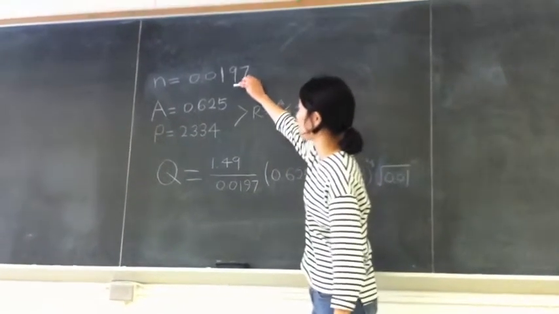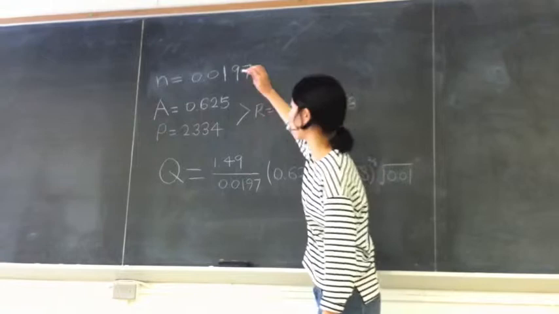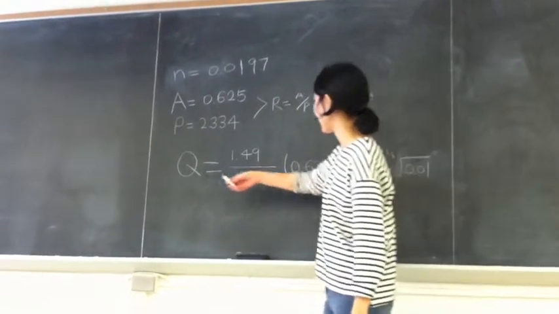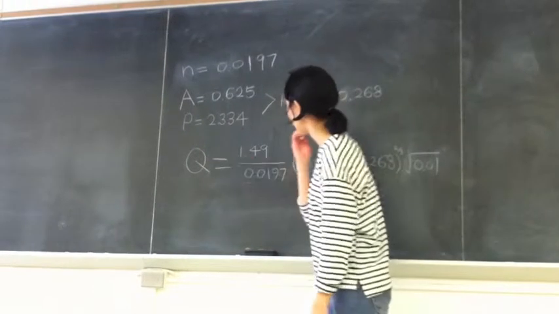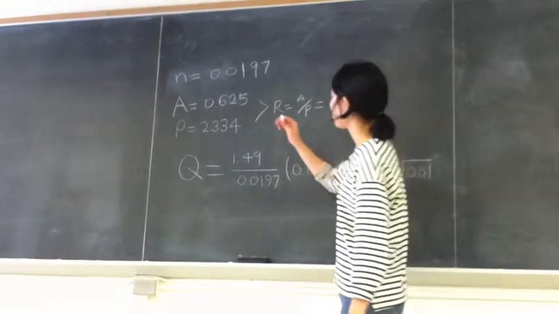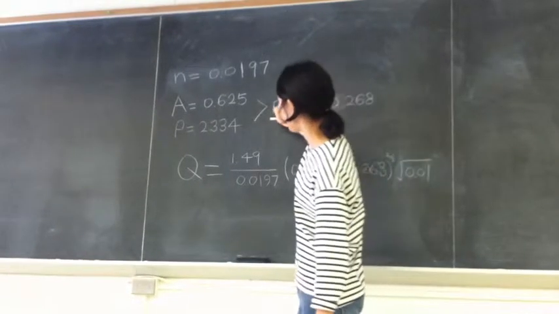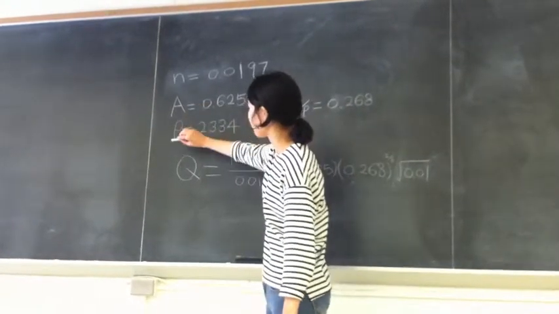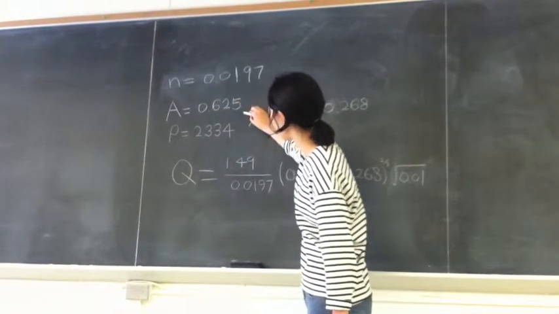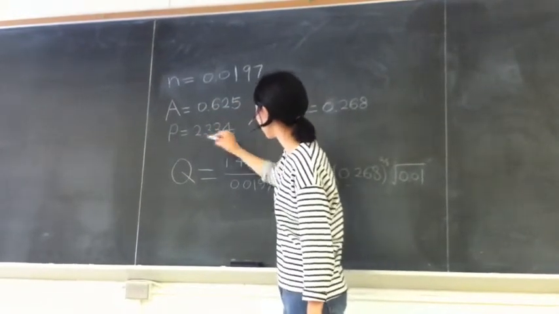So this is Manning's coefficient. So what we found is, so Q, and first of all we should get R based on area and perimeter. So the area is 0.625 and perimeter is 2.334.